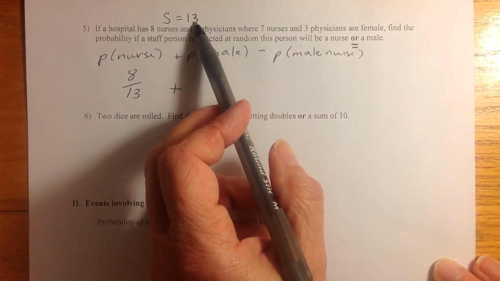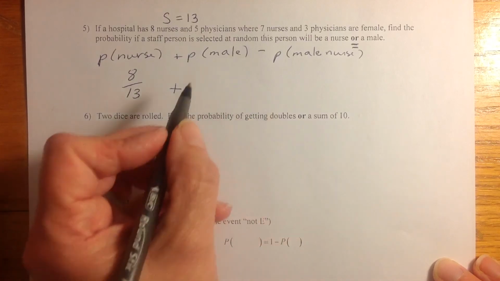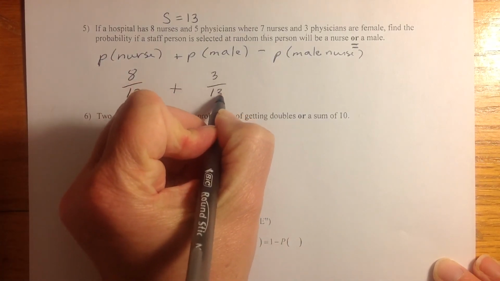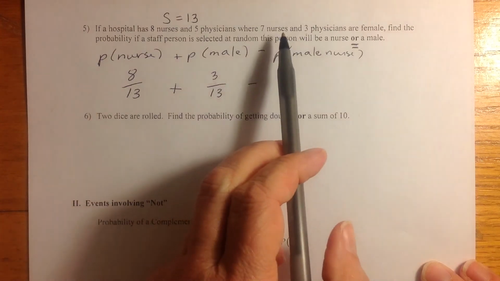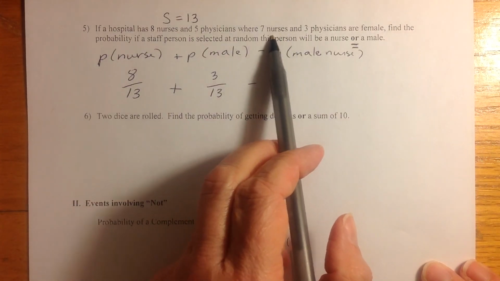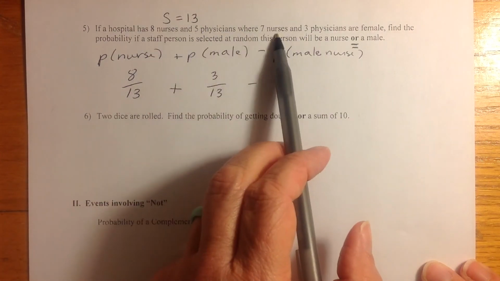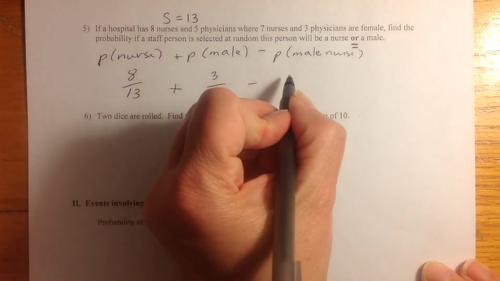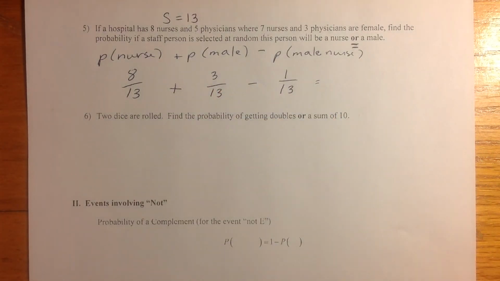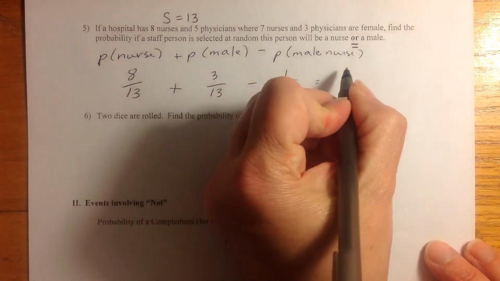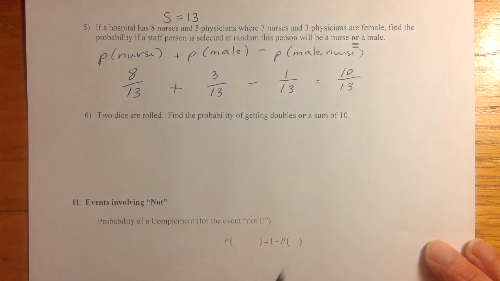And if there are 13 in total, that must mean 3 are male. So 3 out of 13 are male. Minus, how many male nurses are there? Well, let's look at the nurses. There are 8 total nurses, of which 7 are female. So 1 must be male. So the number of male nurses is 1 out of 13. If we put this together, we get an answer of 10/13.